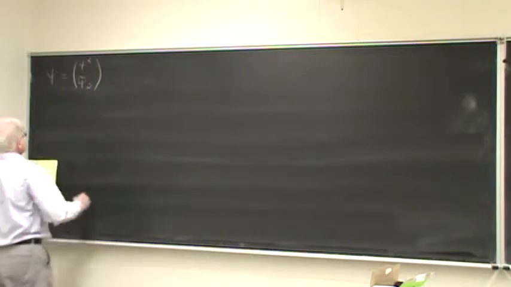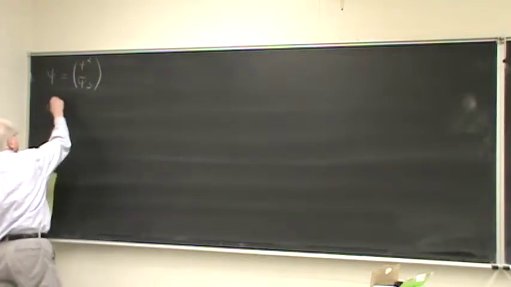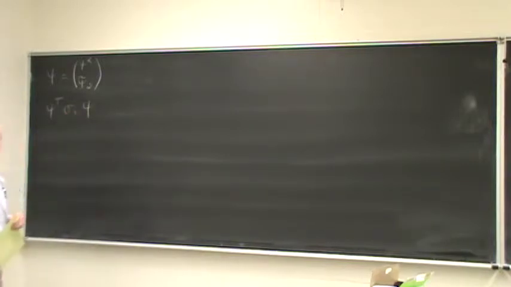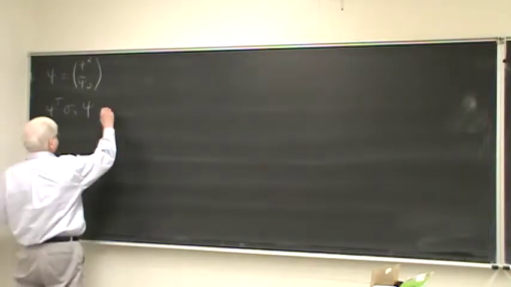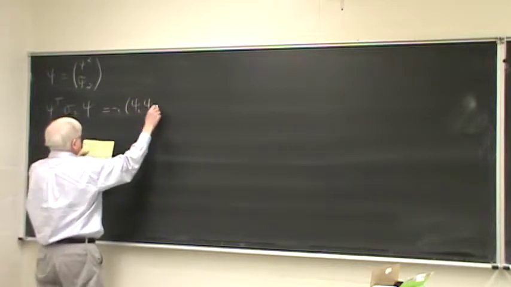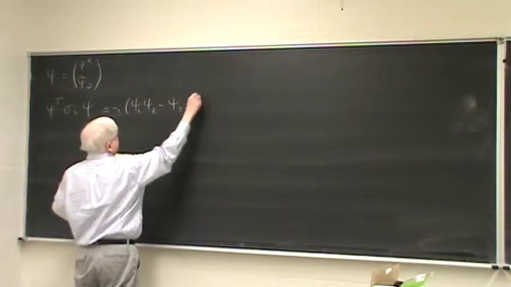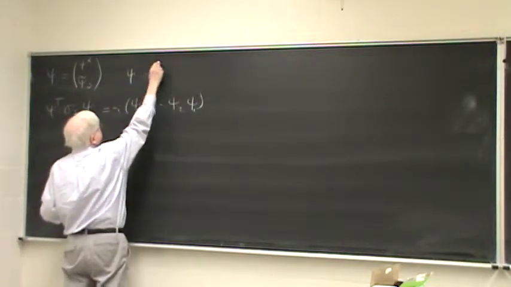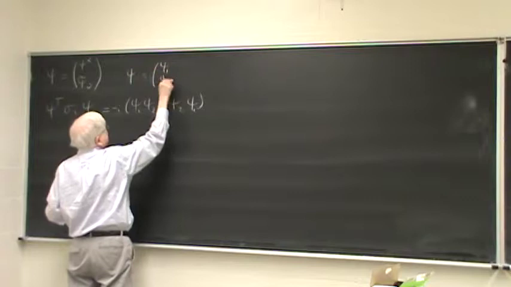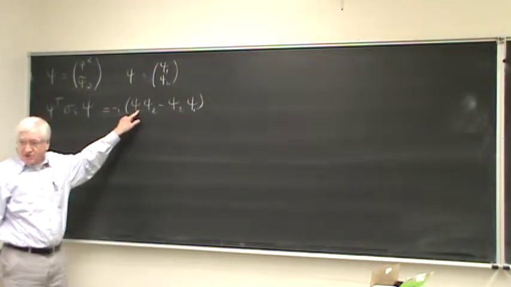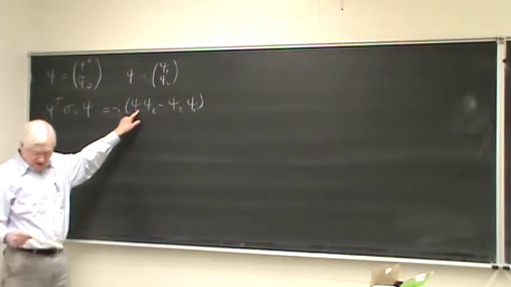If we look at the left-handed ones, or if we just look at part of the Majorana mass, remember it was psi transpose sigma 2 psi, and this is minus i (psi 1 psi 2 minus psi 2 psi 1), where here we're talking about psi being just (psi 1, psi 2) like that. And of course, because the spinors anti-commute, this isn't zero. This would be zero if it were bosons.